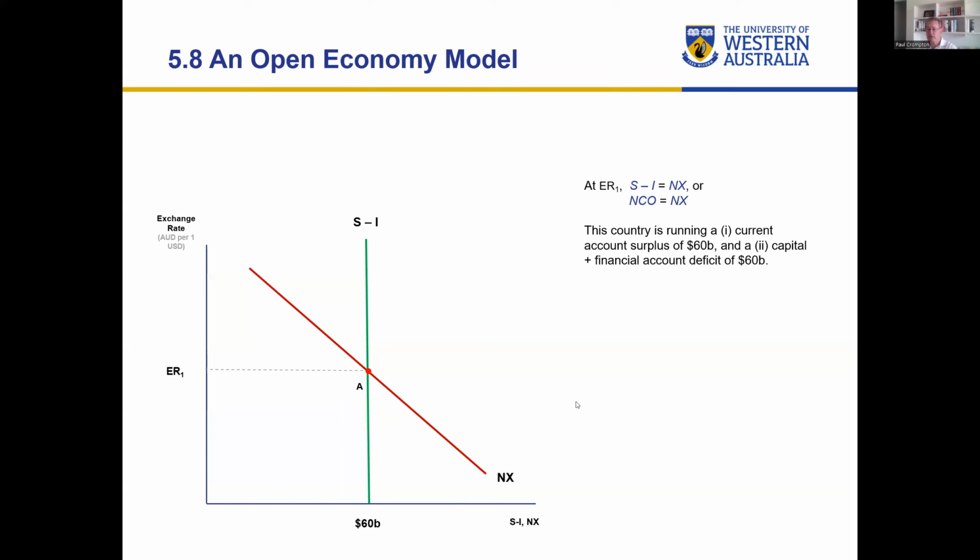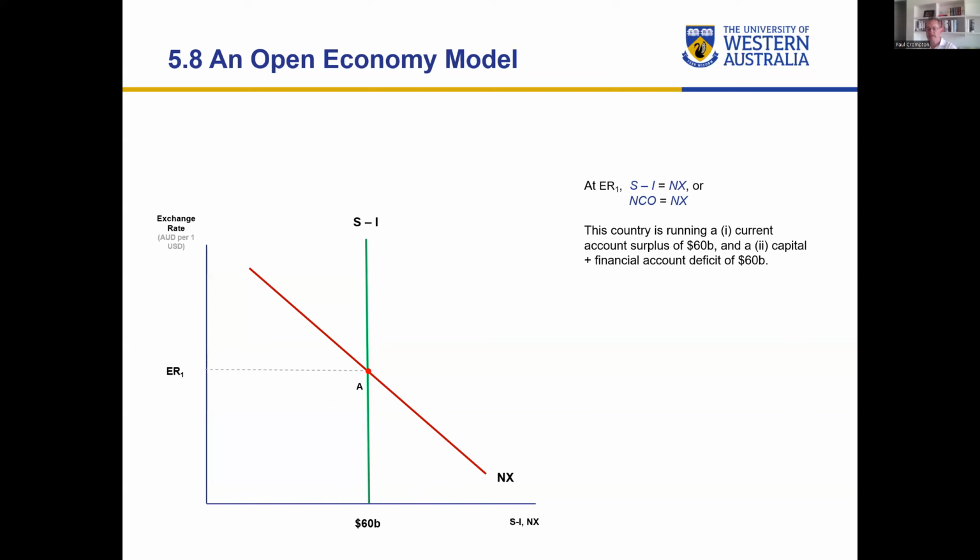Now, of course, in Australia's case, the numbers are actually different, because we have a capital financial account surplus in Australia and we have a current account deficit in Australia. So if we were drawing this for Australia, we would have a minus figure next to the 60 billion.